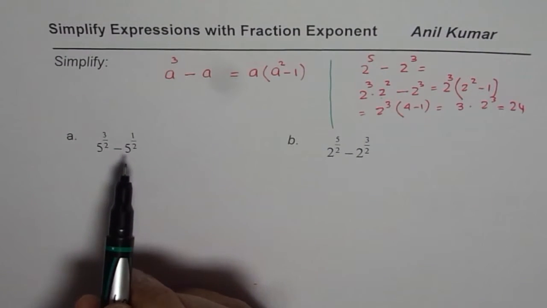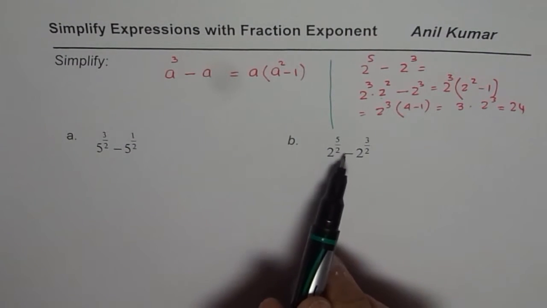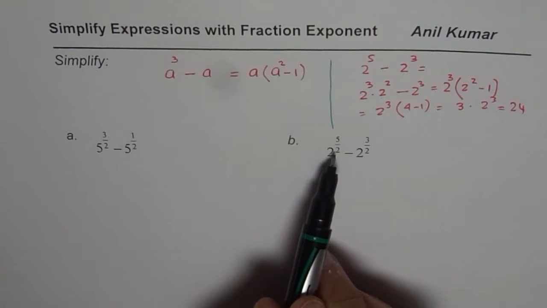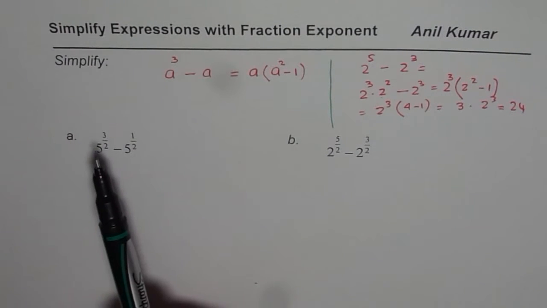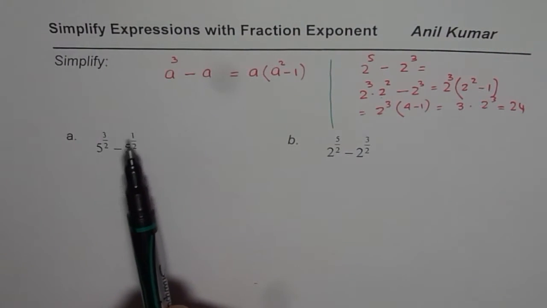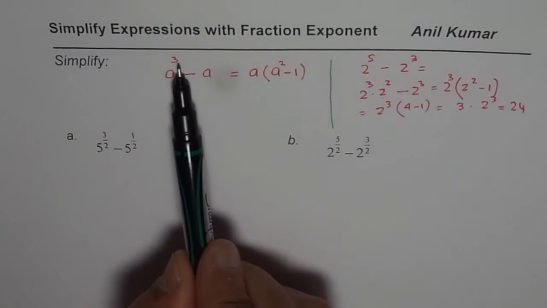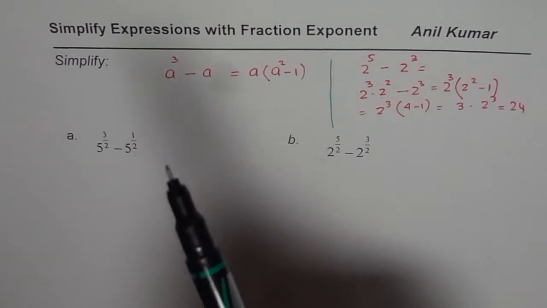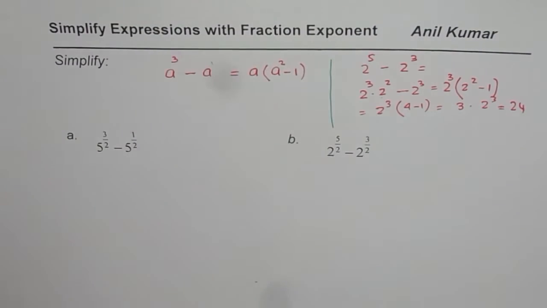Now let us see how to simplify expressions where the exponents are fractions or rational numbers. Okay, now we'll adopt the same strategy. So we have to think 3 over 2 and half. These are the two exponents. Which is lower? Half is lower. In the earlier case, a cube and a, the exponent 1 is lower, so that one we factored out.